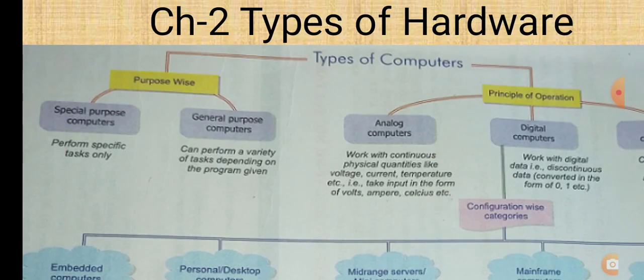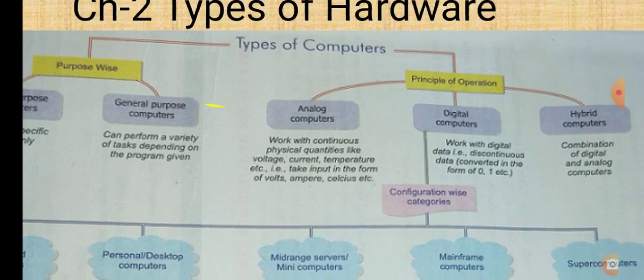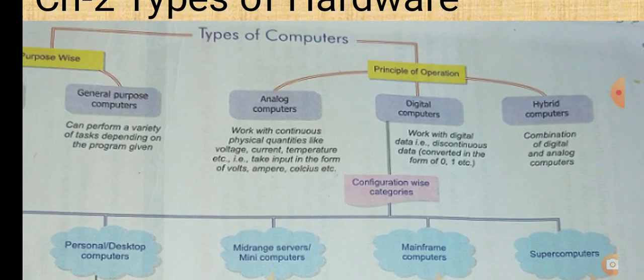Computers can be divided into two basic categories: on the basis of purpose, and on the basis of principle of operation. When we talk about purpose-wise, there are special purpose computers and general purpose computers. When we talk about principles of operation, there are three categories: analog computer, digital computer, and hybrid computer.